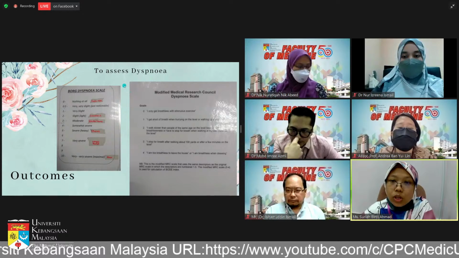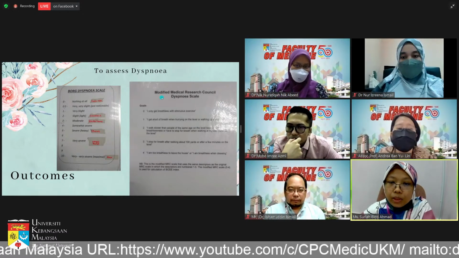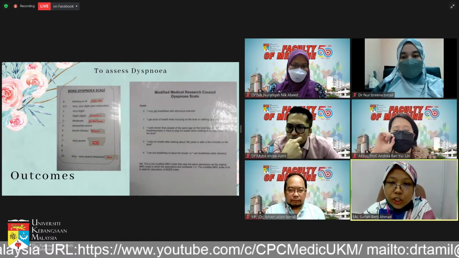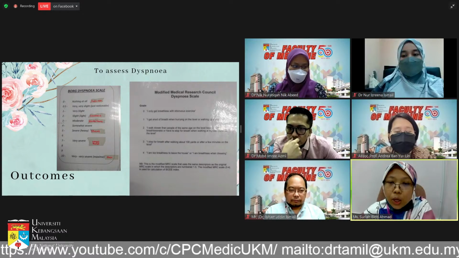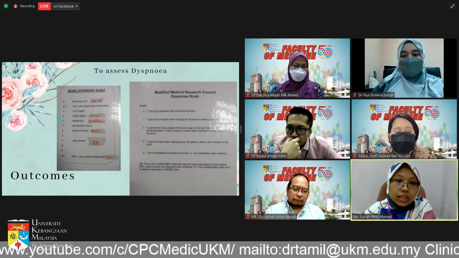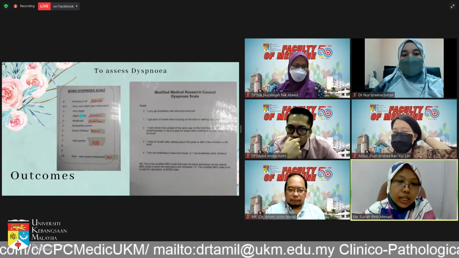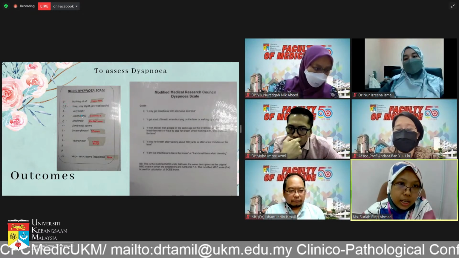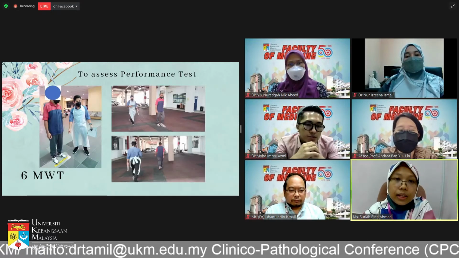So if we use the MMRC score, we can assess patients' dyspnea by weeks. While with the Borg dyspnea scale, we can assess patients during exercise and also during tests.